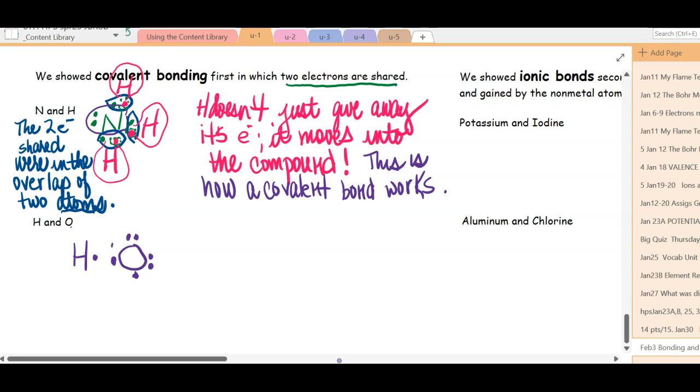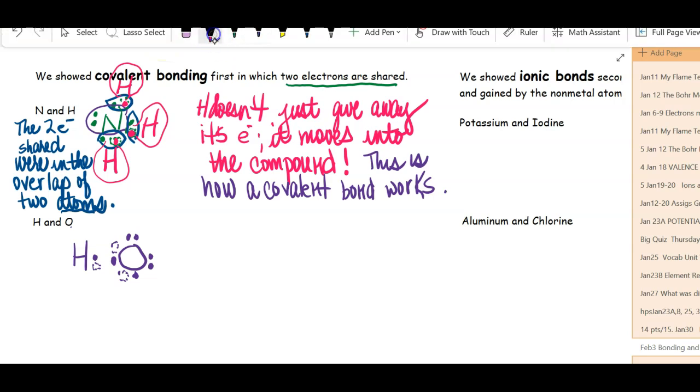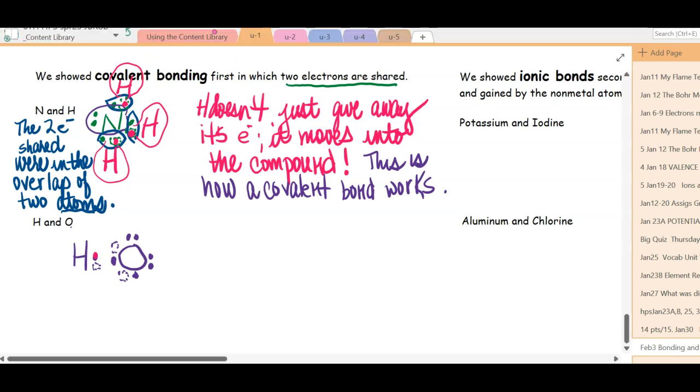All right, we can see that there is a need to have another. And hydrogen has the same problem, right? So that's why hydrogen's electron, which I'm going to make a different color, this one right here, these 2 are going to move closer.